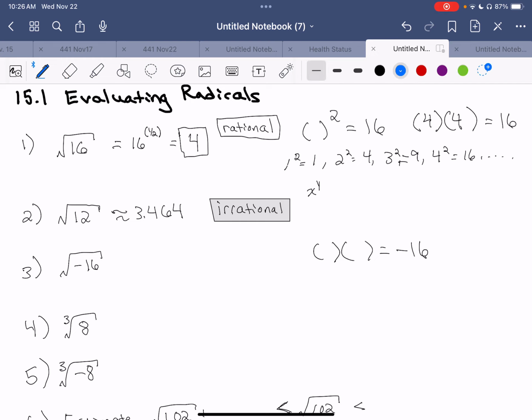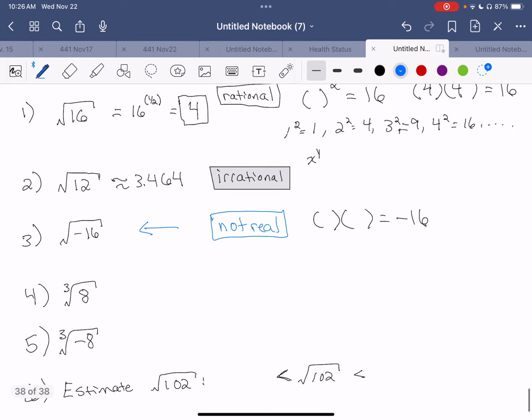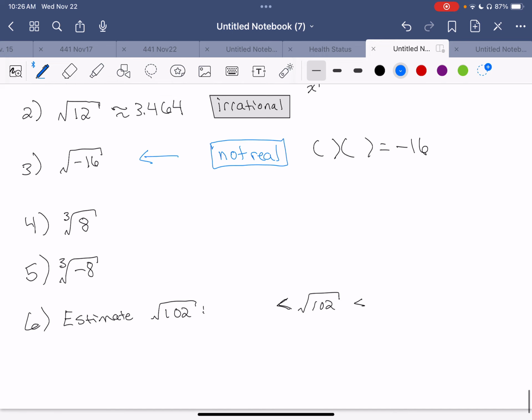So this one, we can solve it, but to do that, it's not real. We have to use the square root of negative 1, call it i. We're not going to go there right now. We just know that this one is not real. If you're curious, we could say that it's 4i, but we won't do that in this class.